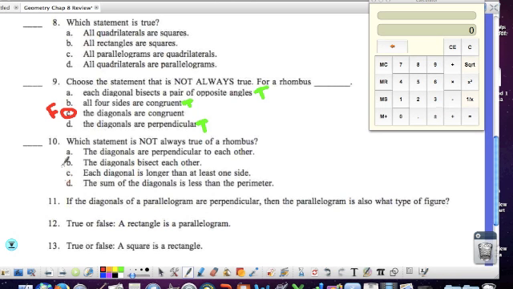I think this one actually might be a little bit more complicated than what we've learned in class. You have to actually apply some knowledge here. But let's say that's a rhombus. Okay, there's a diagonal.